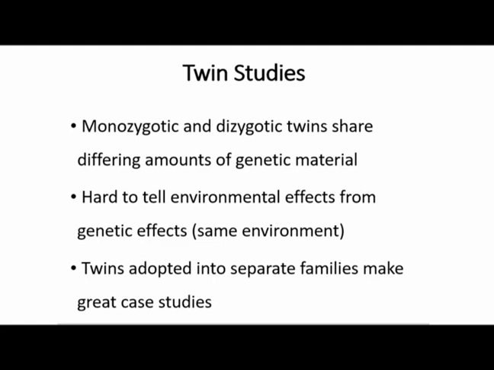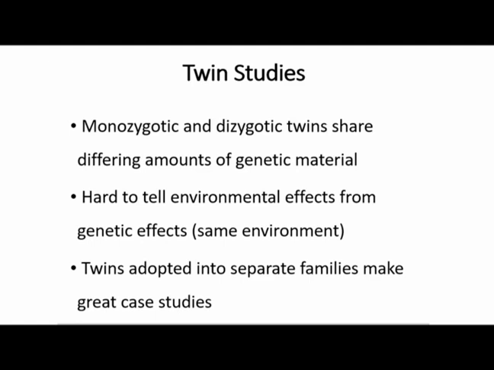On the other hand, our dizygotic twins share less genetic material than the monozygotic twins, so 50% instead of 100%. And so this would tell us that if something is strongly genetically influenced, dizygotic twins are sharing less genetic material, and so we should expect to see more variation in that trait.